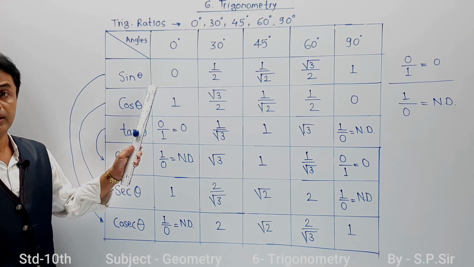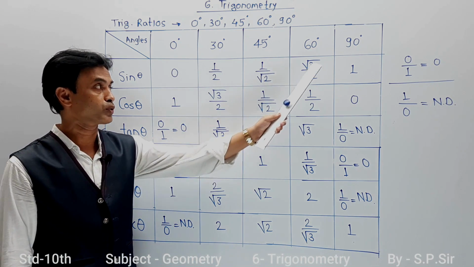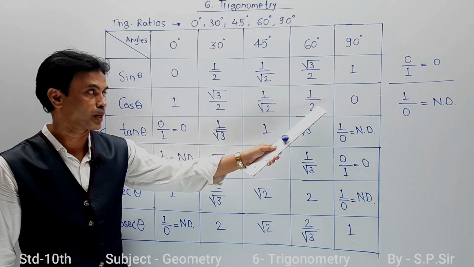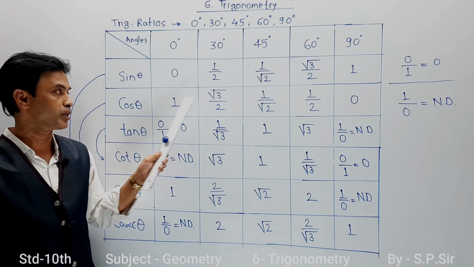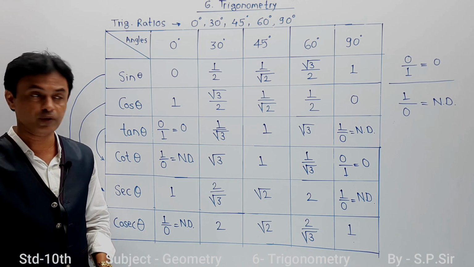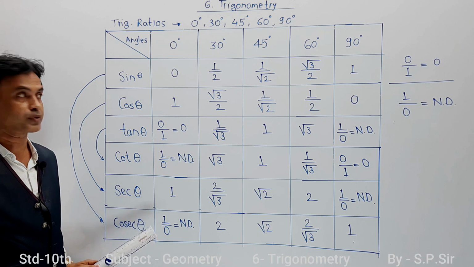Now students, remember, as we have followed the trick 0, 1 upon 2, 1 upon root 2, root 3 by 2, 1, the reverse order is also available. To cross-check whether your table is perfect, you can follow the same approach. Cosec and sec are also reverse of each other.